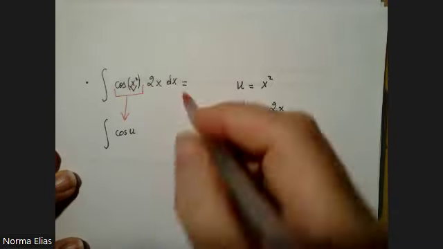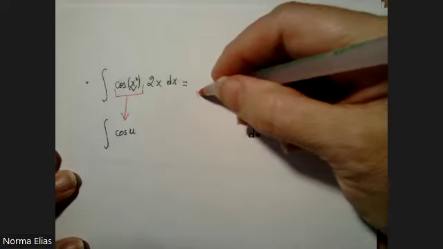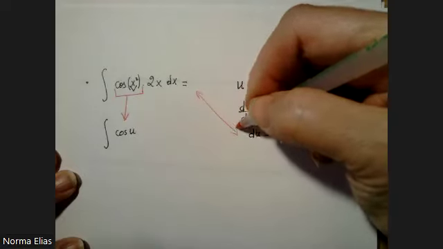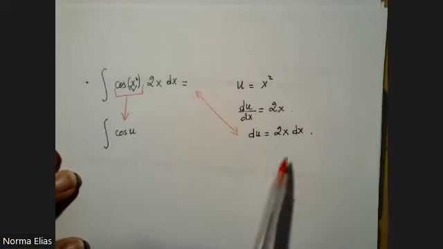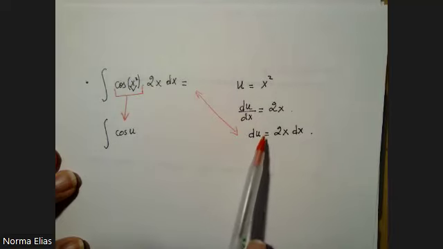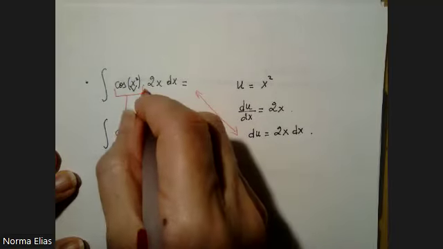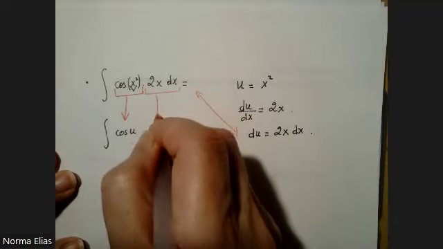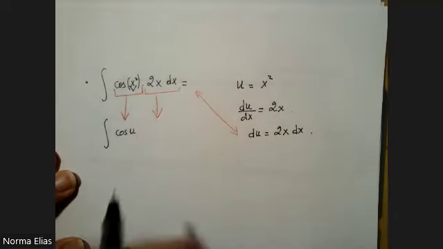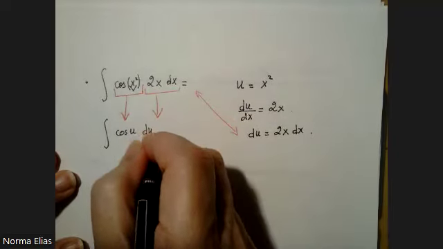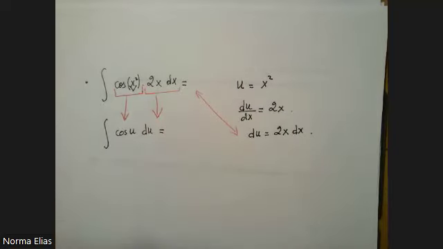Now, as I always say to my students, you always keep two i's when you're doing those problems: an i on the integral and an i on the du. Now the du is 2x dx, so this piece here is going to be the du. Once you do that, you have a very simple integral in u.